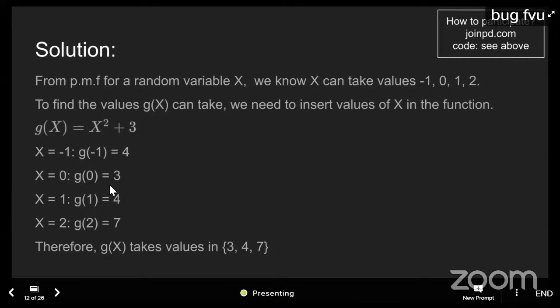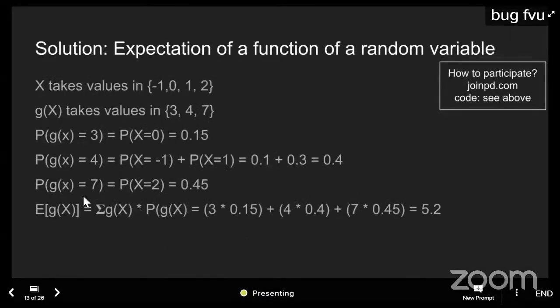Similarly, when x is 1, g(x) takes the value 4. So g(x) is 4 when x equals -1 or x equals 1. So the probability of g(x) taking the value 4 is the same as the probability of x taking the value either 1 or -1, so we can simply add these two, 0.1 plus 0.3. Thank you, sir. Clear now, everyone?